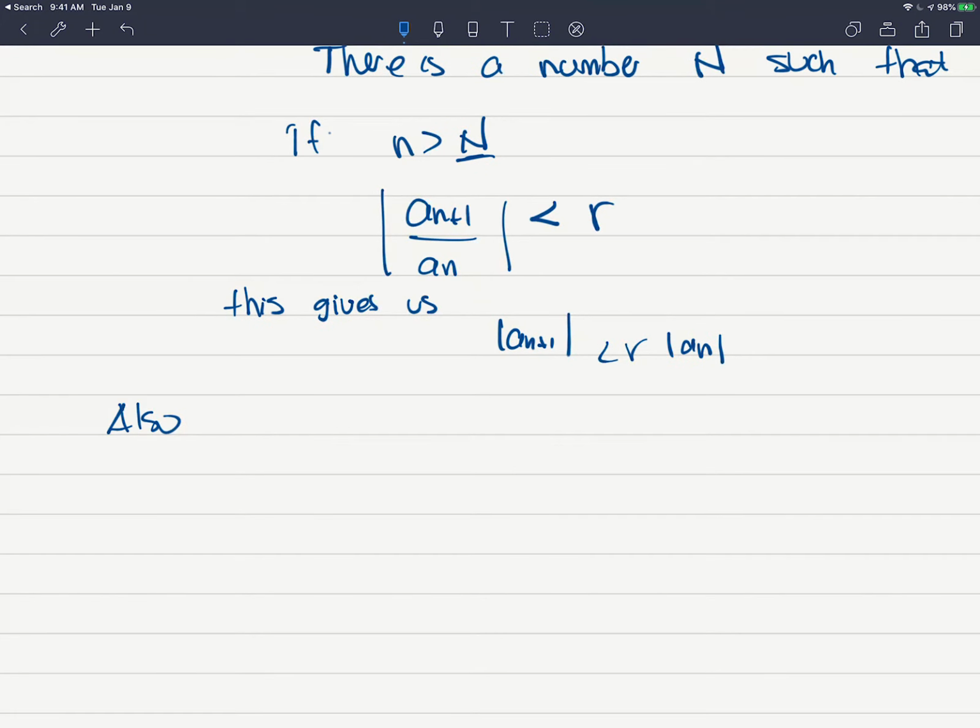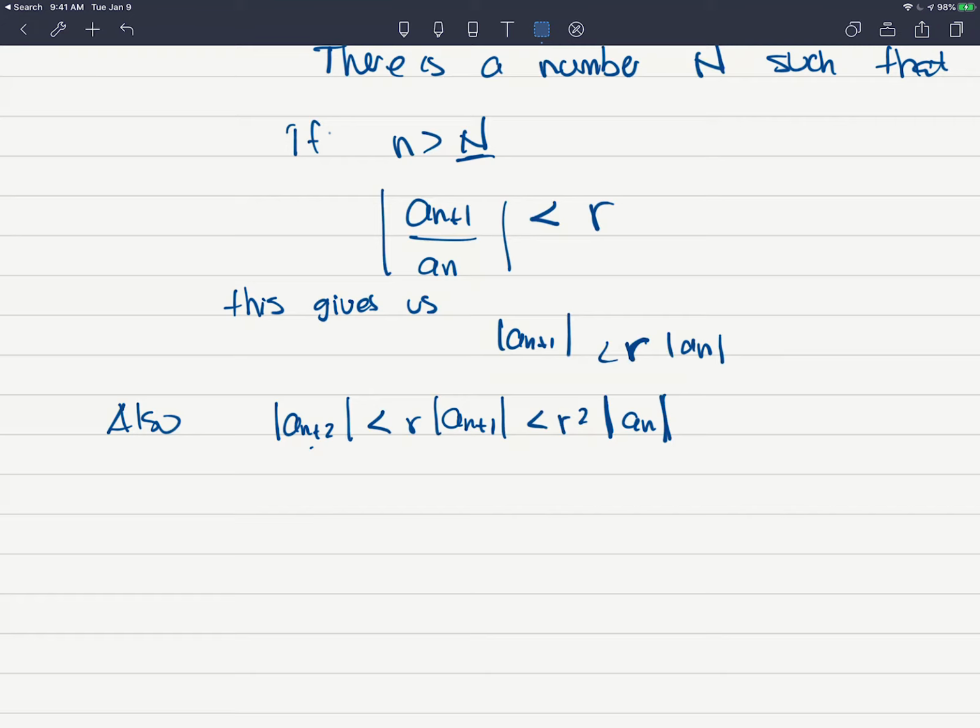We can also have that the absolute value of a_{n+2} is going to be less than r times a_{n+1}, right? But a_{n+1} is less than r times a_n, so it's going to be r squared times a_n. Okay, so you can get this inequality by doing what I just said. That divided by this would be less than r, so it's going to be less than that, right?